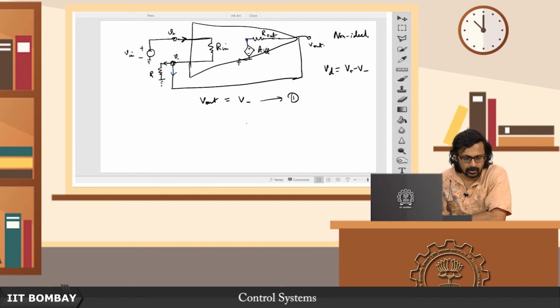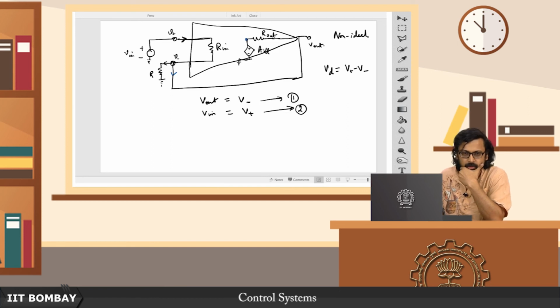And then V in is going to be V plus, so that is going to be my second equation, right. Because V minus is shorted with this output, therefore V minus is equal to V out, and V plus is just what is going in here. So this is your input that you are applying, right, so therefore you get this.